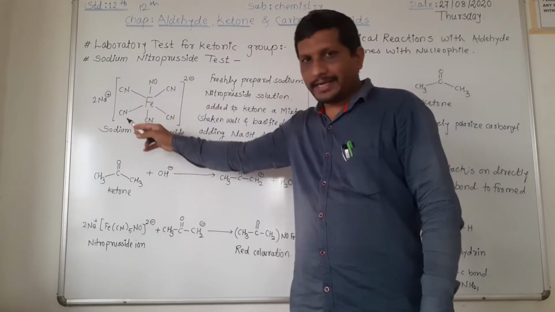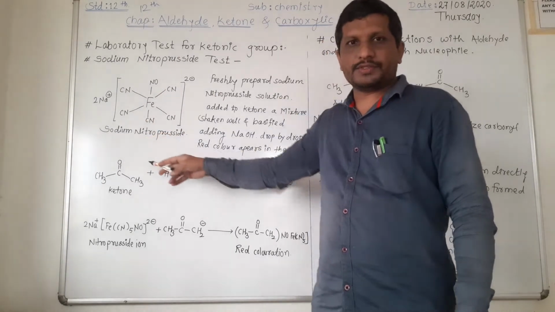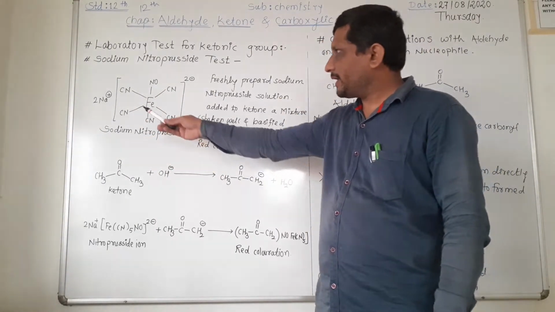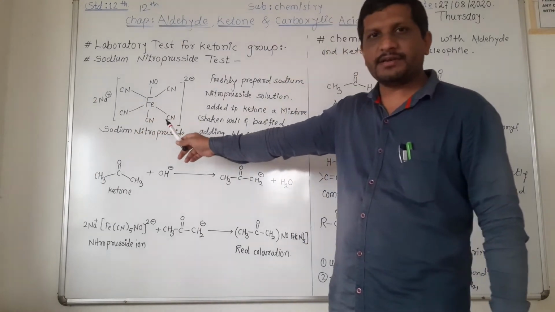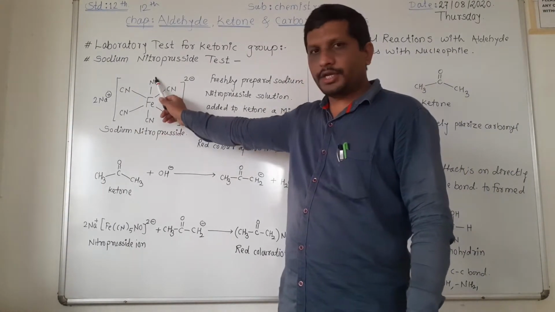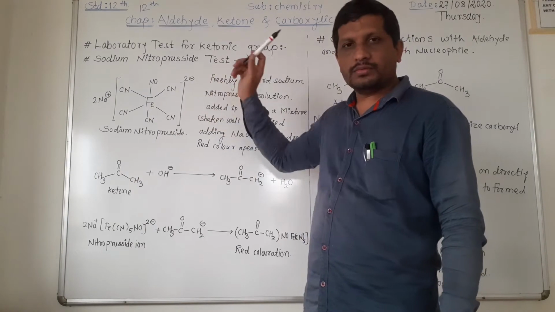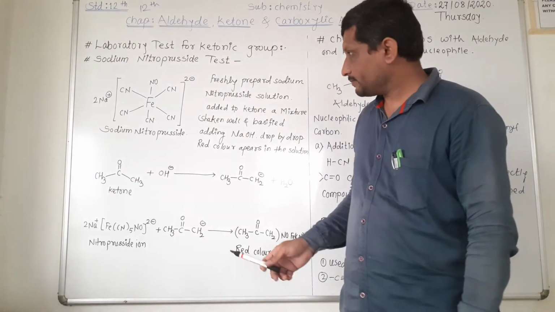Now this structure is sodium nitroprusside, 2 Na+, [Fe(CN)5NO] 2-, the anion.